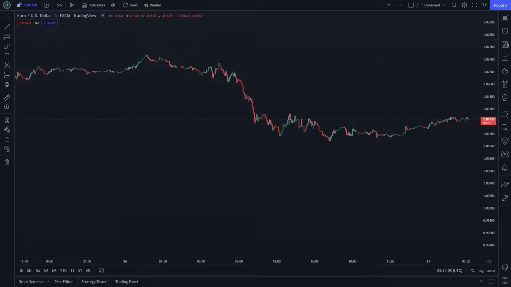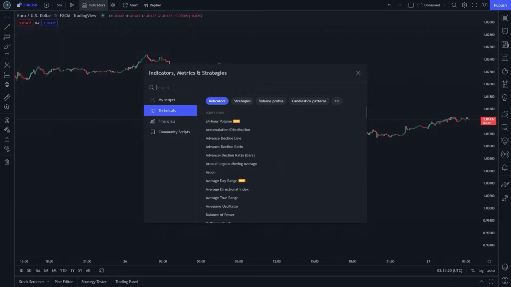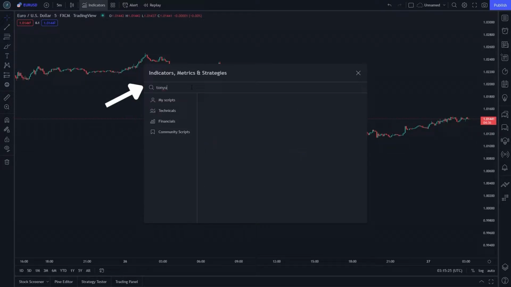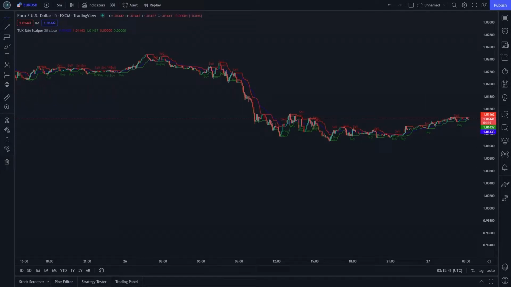Click on Indicator, search for tonyux Scalper. Click on it. Next, click on Indicator, search for Exponential Moving Average.